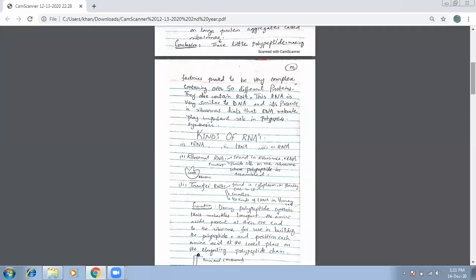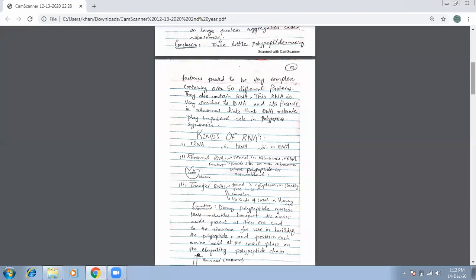As you know, ribosomes are the protein factories. These are little polypeptide making factories. When their chemical study was carried out, it was found that ribosomes are chemically complex, as they are equally made up of protein and RNA, and over 50 different kinds of proteins make up these ribosomes.